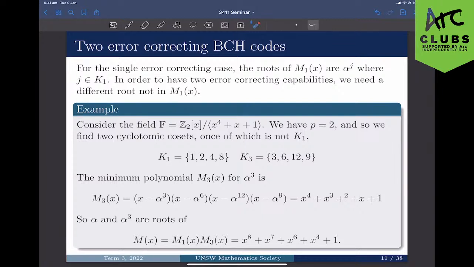And so now we have two minimal polynomials, m1(x) and m3(x). And so we're going to define a polynomial called m(x), which is the product of these two minimal polynomials. And this means that alpha and alpha cubed are roots of this big polynomial, since this polynomial has root alpha and this polynomial has root alpha cubed.